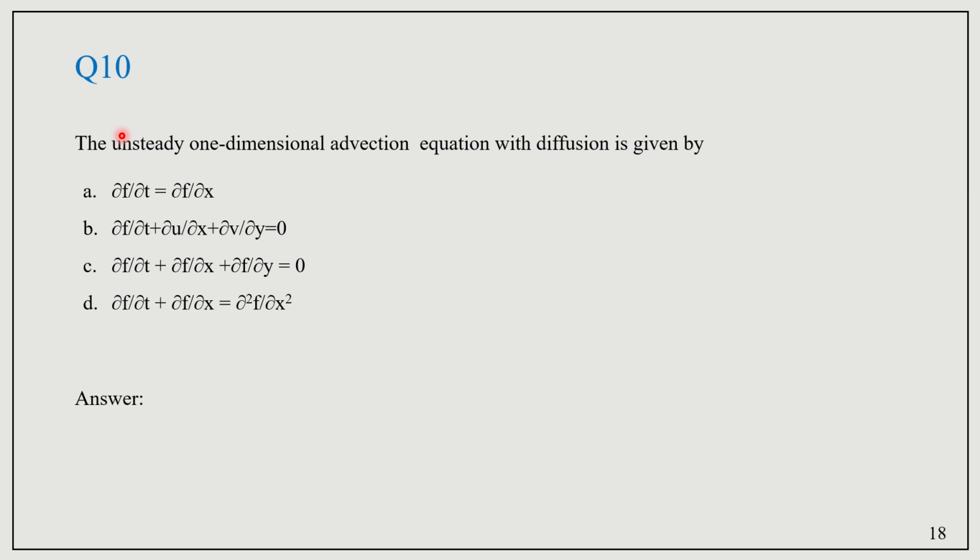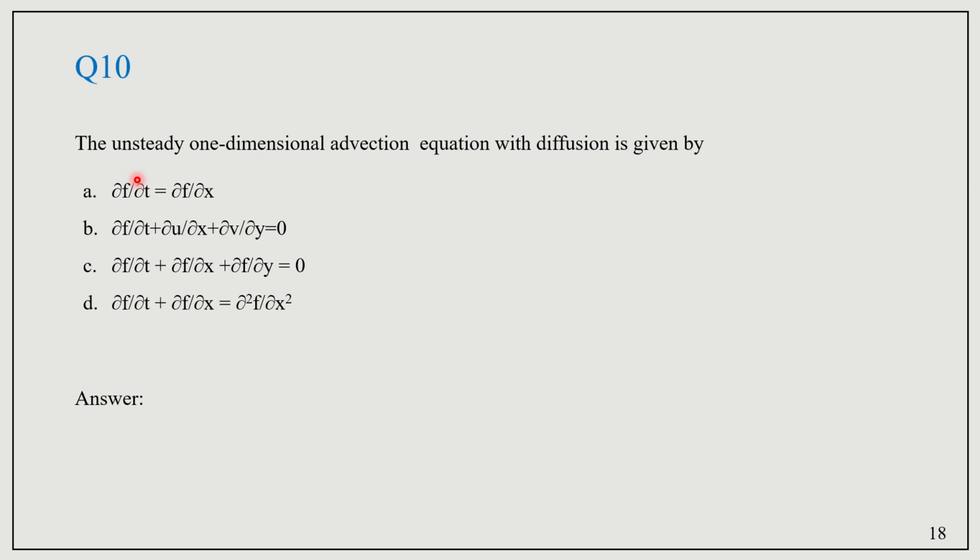We are asking about the unsteady one-dimensional advection equation with diffusion. It is given by which of the equations? First, it is a one-dimensional equation. So what are all the parameters we have? It will be varying with respect to x only, and variation in the y and z dimensions will not be there.